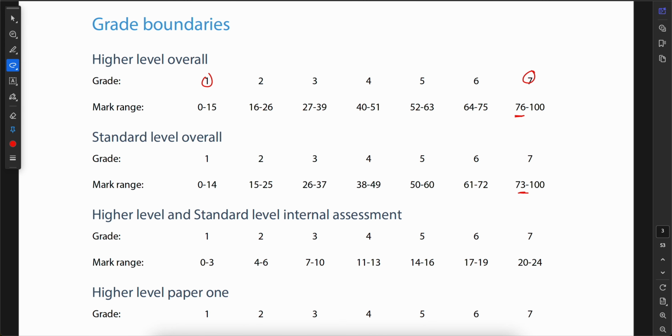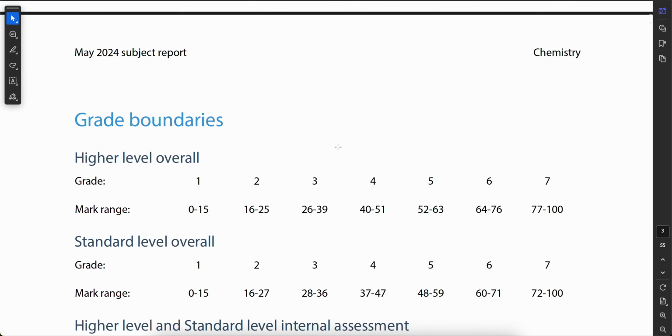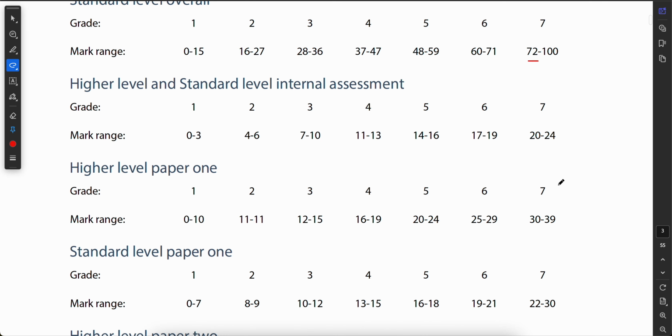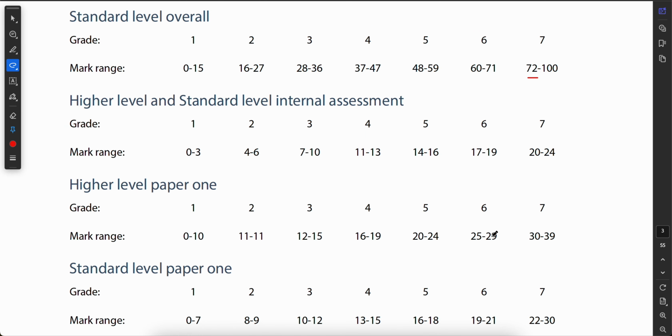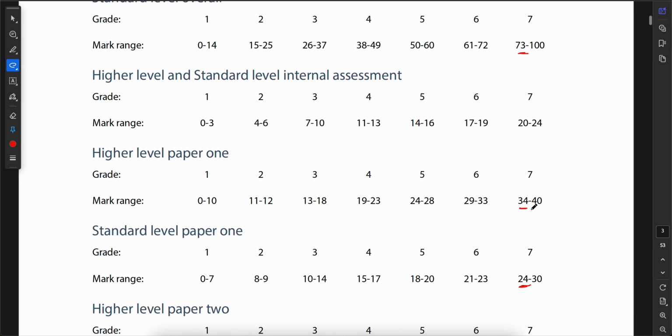Let's compare with time zone 2: 77, so only 1 point different. 77 for HL, and for SL it's 72, where time zone 1 is 73. And you see that the higher level paper 1 here is 30, but the other one is 34.